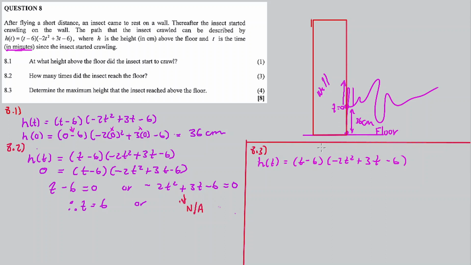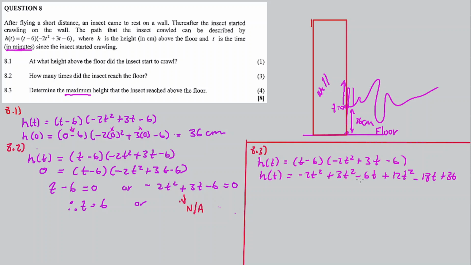Since I'm talking about a maximum, I need my first derivative. So the first derivative equal to 0 will give me the maximum value, or the time for the maximum height. Therefore we need to multiply these brackets first.